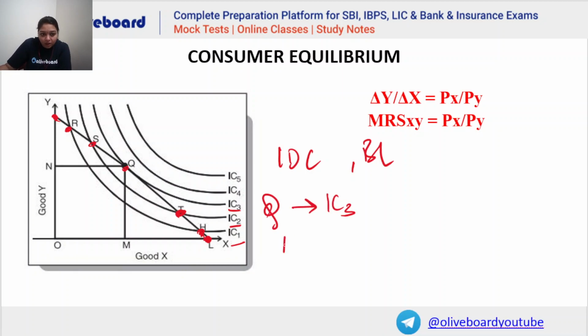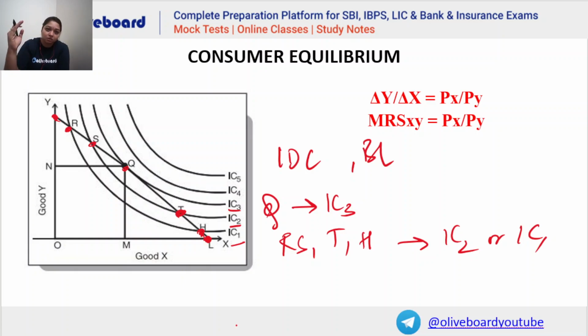But R, S, T, H are on IC2 or IC1, which is below IC3. Whichever indifference curve is higher gives more satisfaction than the lower one. So when he is able to get more satisfaction from purchasing the Q combination, why will he purchase a lesser combination, right?